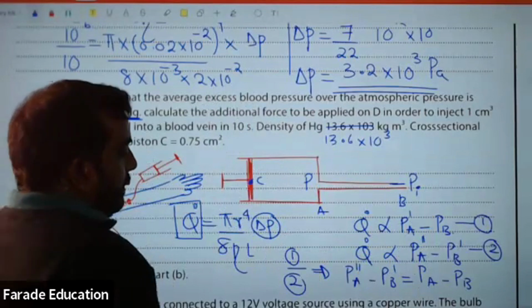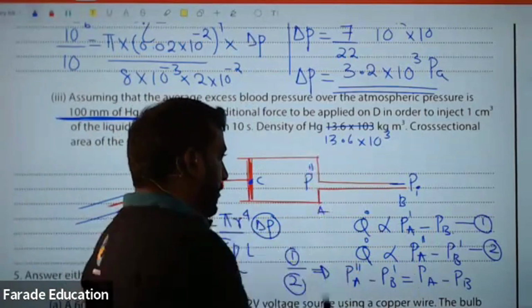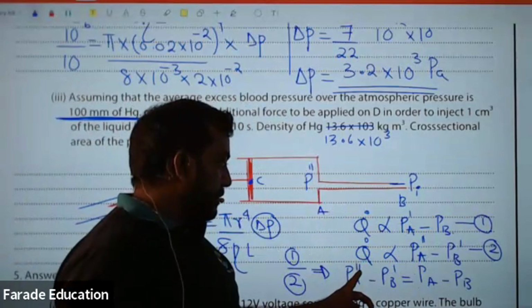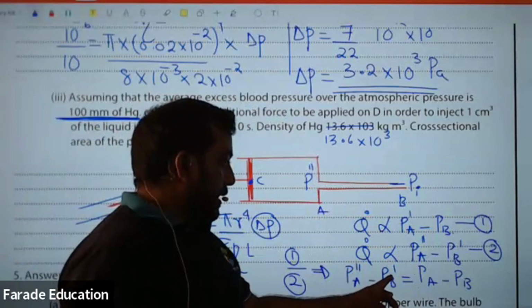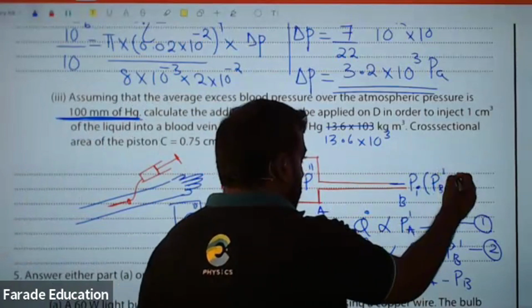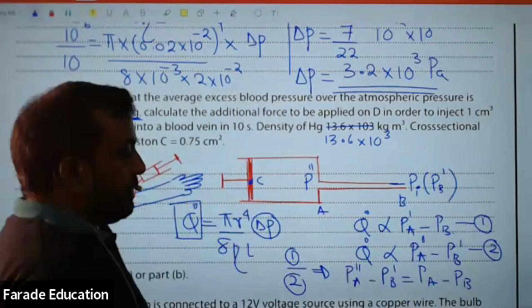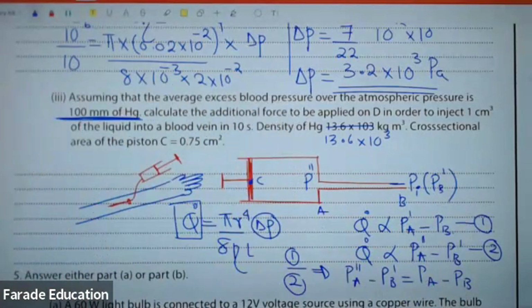Right, so new pressure at this end, new pressure here, PB dash, pressure at B dash, equals the earlier pressure difference.